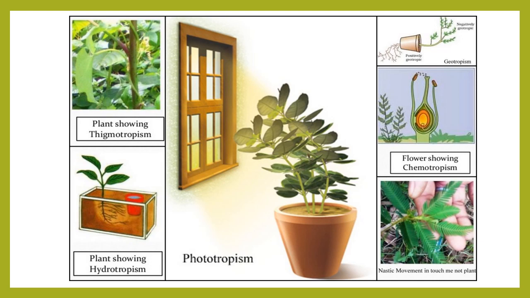Next is the flower showing chemotropism, meaning the movement during plant fertilization, how the male cells from the anther come to the ovum part. Okay, formation of the pollen sac, those parts, the flower showing chemotropism. Last one, nastic movement in the touch me not plant. This much you need to remember.